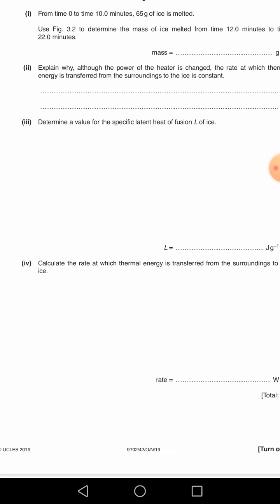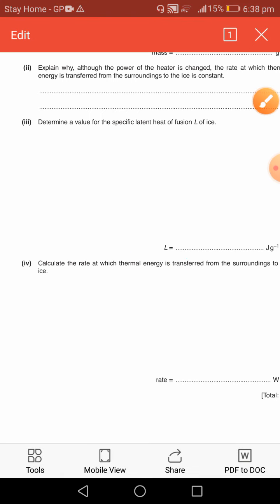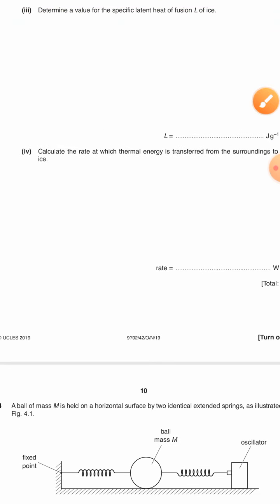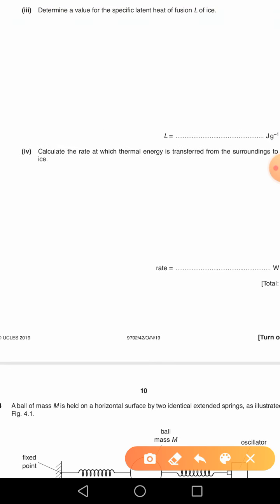So now let's calculate the total amount of heat gained by ice in the first 10 minutes, in the first case for the heater, when the power was P1.